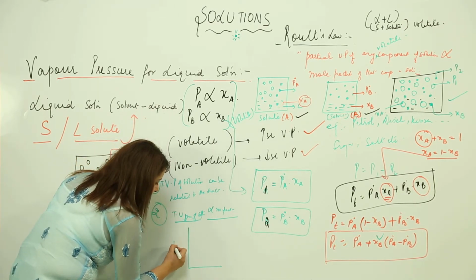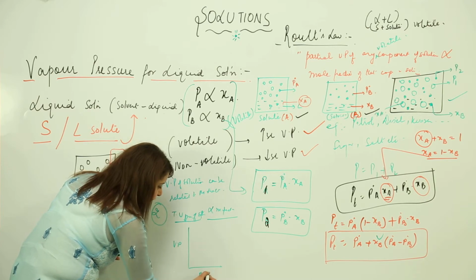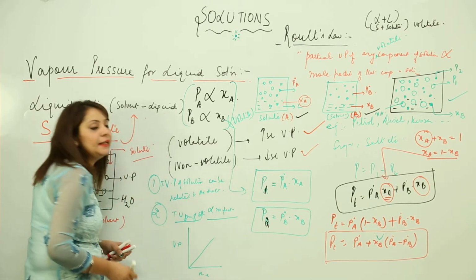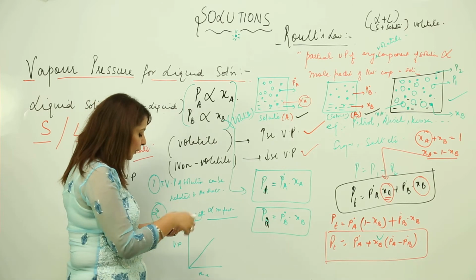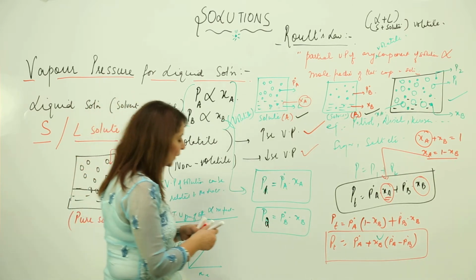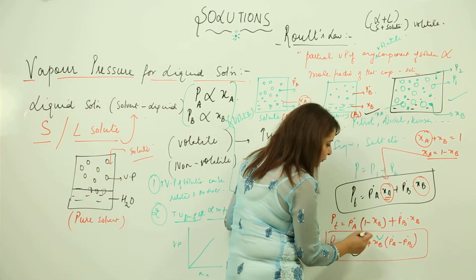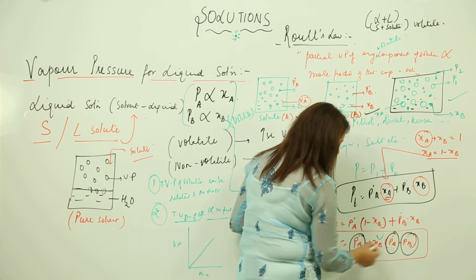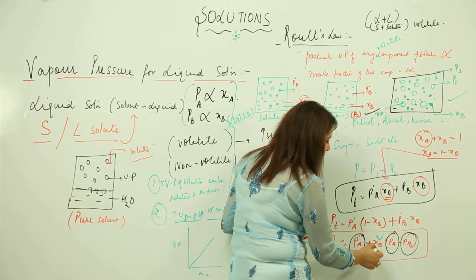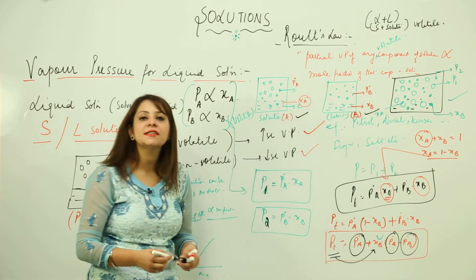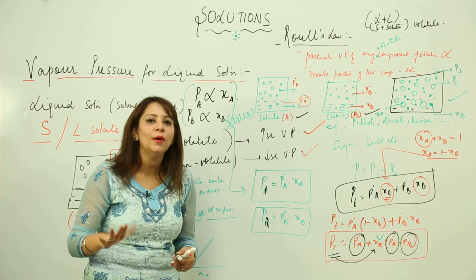That means suppose I have the vapor pressure of the solution and the mole fraction, so it varies linearly. I am just going to explain it graphically. As you can see, P naught A is constant, this is constant, this is constant. So obviously total P is just related to the mole fraction. So we can say it is directly proportional to the mole fraction of any one of the components.